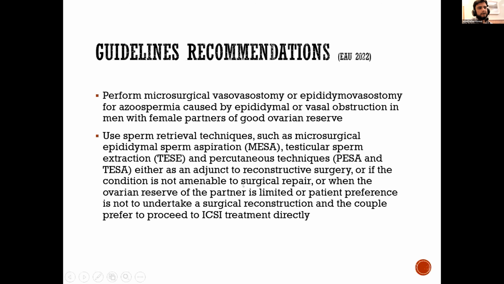So use of sperm retrieval techniques such as microsurgical sperm aspiration or testicular sperm aspiration or percutaneous techniques to retrieve sperms, either as an adjunct or a reconstructive surgery. So if the condition is not amenable to surgical repair, or when the ovarian reserve of the partner is limited, or the patient preference is not to undertake a surgical reconstruction, just go for the IVF or ICSI once the sperms are found. So these are the latest recommendations that I found.